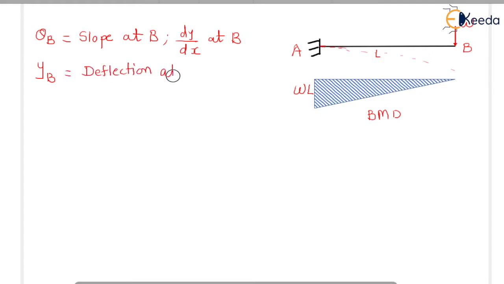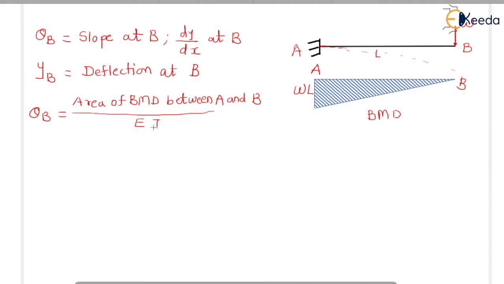According to the moment area method, theta B is equal to the area of the bending moment diagram between A and B divided by EI.